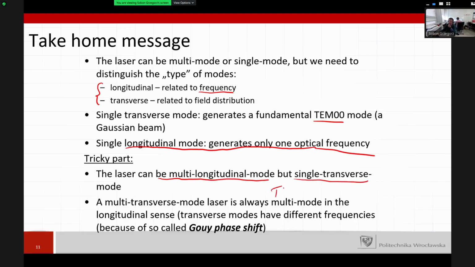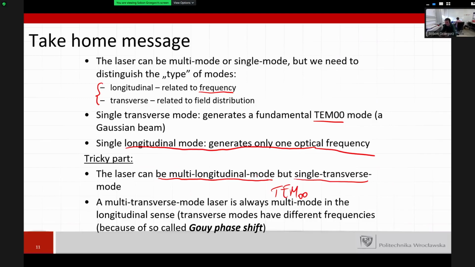We can have a TEM00 beam, which is a single transverse mode, but it will contain many longitudinal modes. This is also the case of, for example, the helium neon laser, which is single mode in the transverse sense, but it might be multi-longitudinal mode.